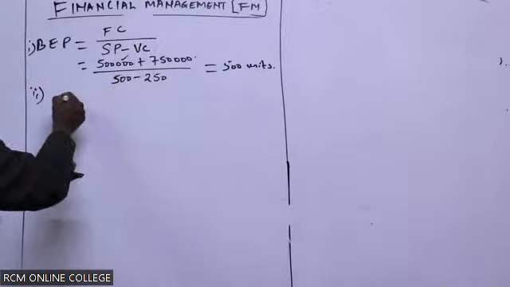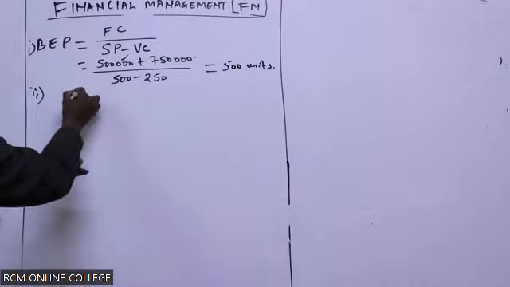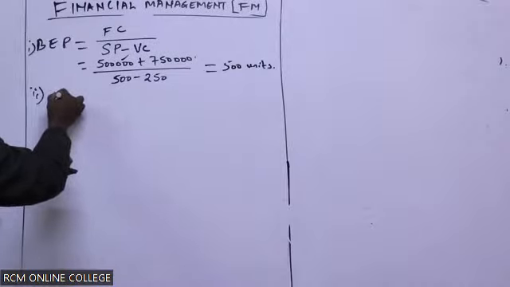So operating will be just the fixed cost of operating. So it will be the operating BEP quantity.